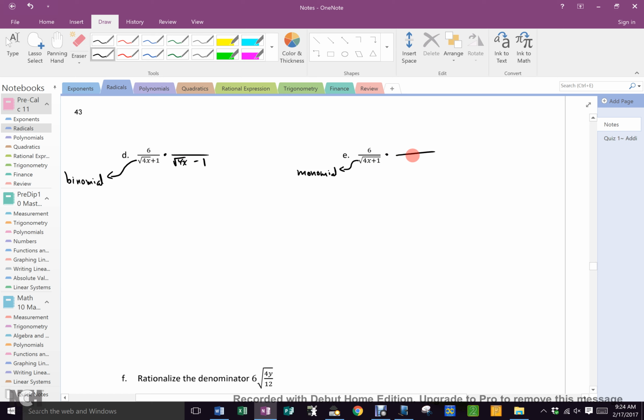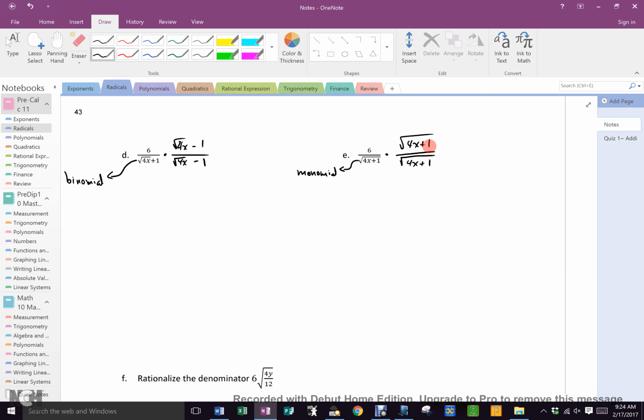There is no conjugate. Why? Because it's a monomial. So what do I multiply to get rid of this one? The whole thing. It's just root 4x plus 1. So this would be root 4x minus 1. And this would be root 4x plus 1. Does everybody see that subtle difference? Right? You got to keep your eye on it.